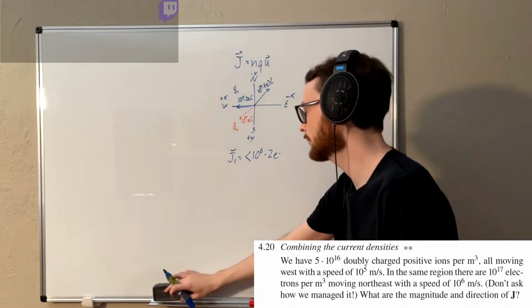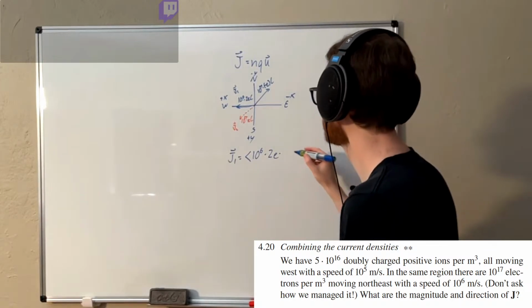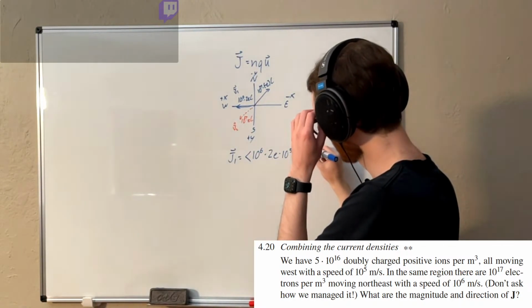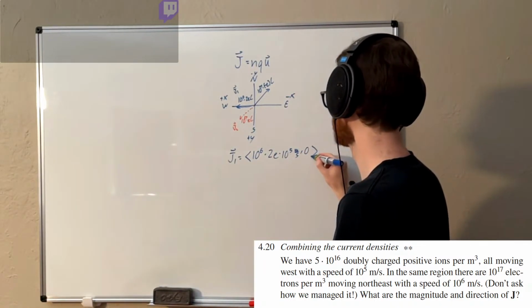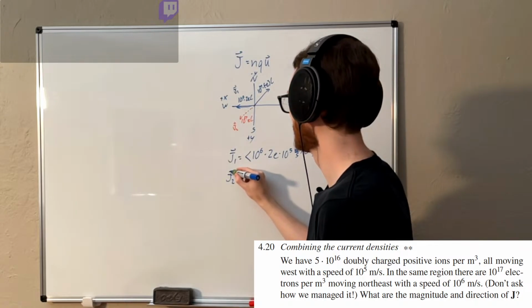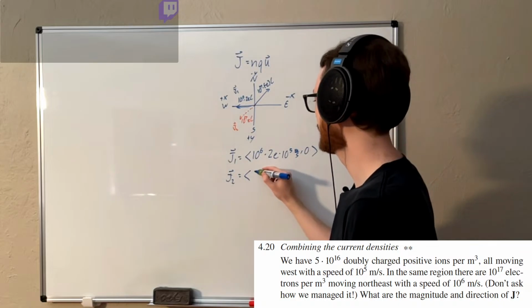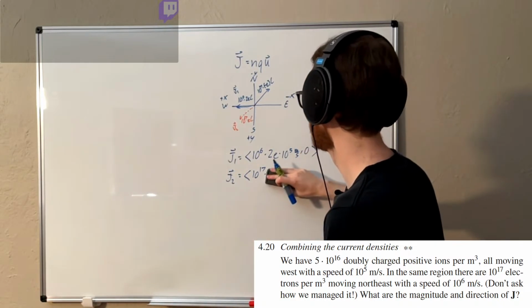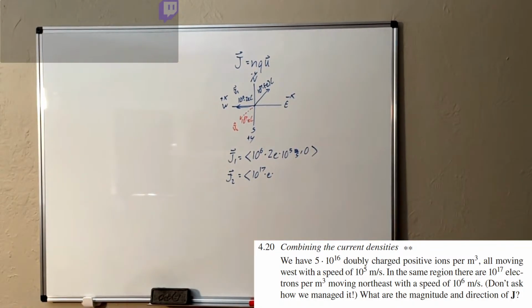Or wait, no, their velocity, 10 to the 5th, and 0 for the y component. J2 is 10 to the 17 times positive e times velocity. Oh wait, this one needs components.